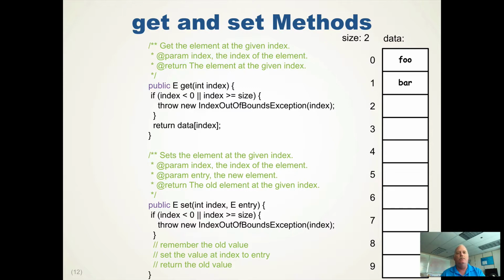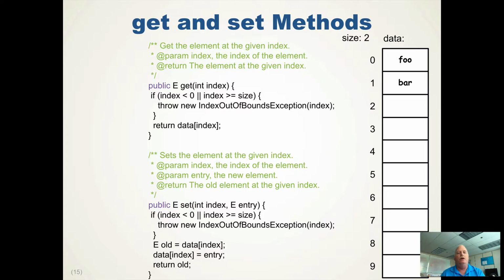If we don't throw an exception, then we remember the old value by assigning a temporary variable, called it e or old or temp or whatever. We get the value at index, then we set entry to be there, so data index equals entry. And then we return the old value, which is just return old. And so now we have set the value of whatever it was to a new value.